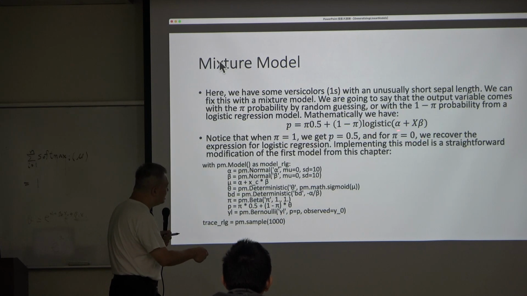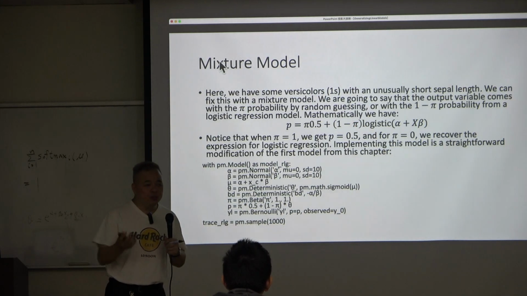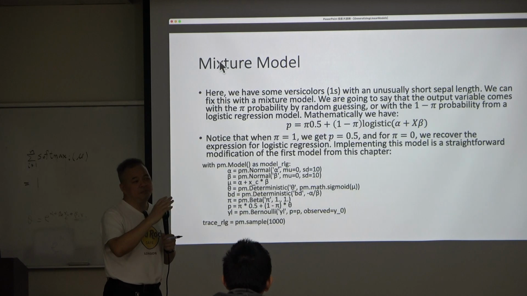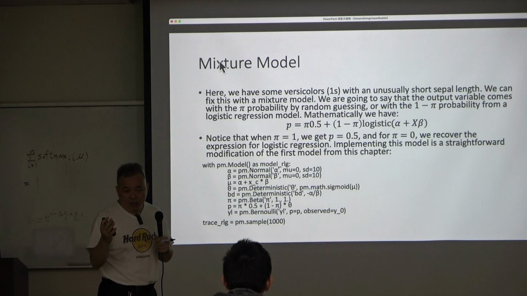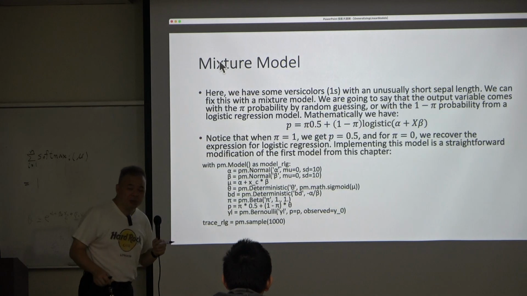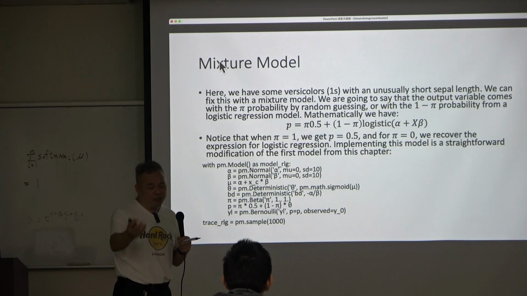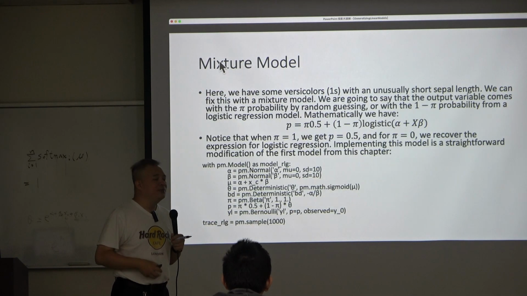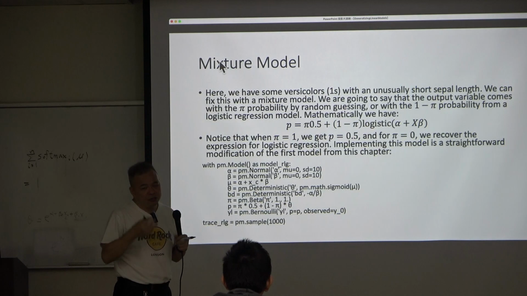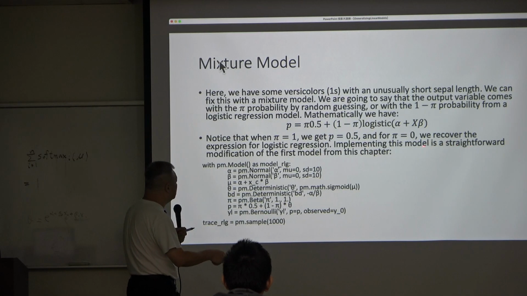When pi is 0, we recover the expression of logistic regression. So depending on the value of pi, you are able to accommodate different situations very well. As for the value of pi, it can be determined by the data, and obviously we are going to put a non-committal prior on it.